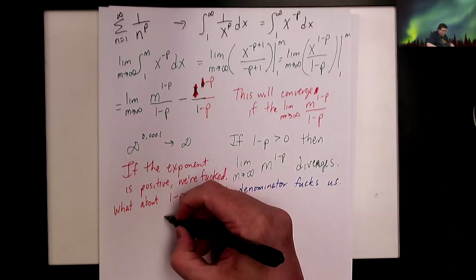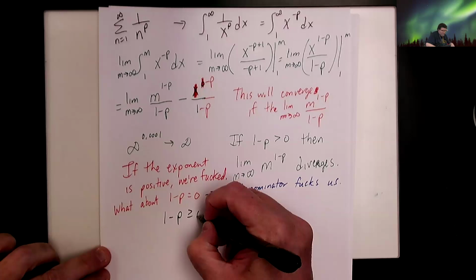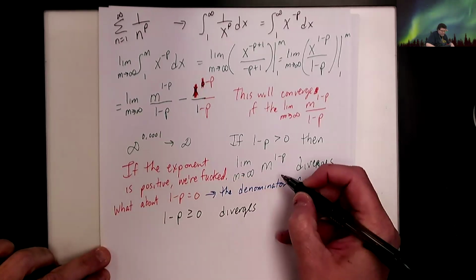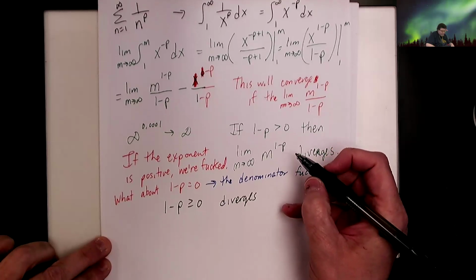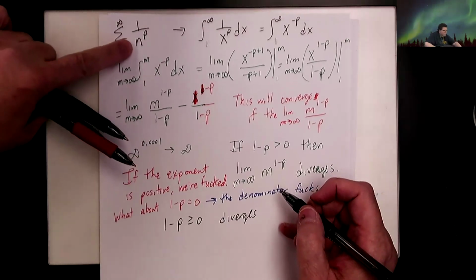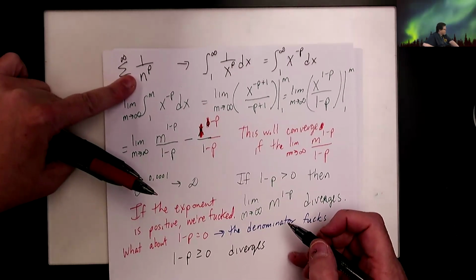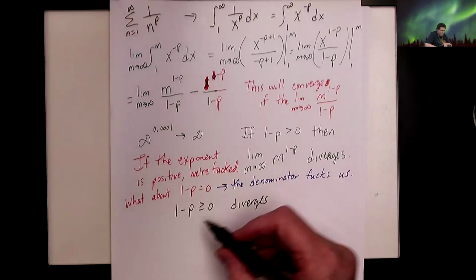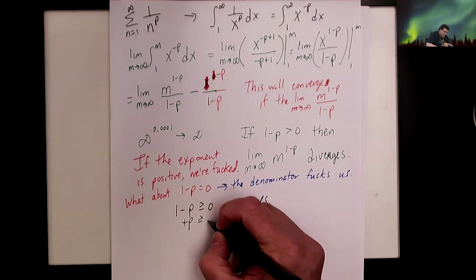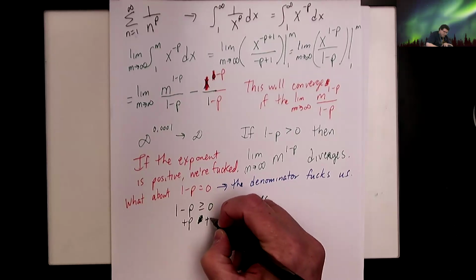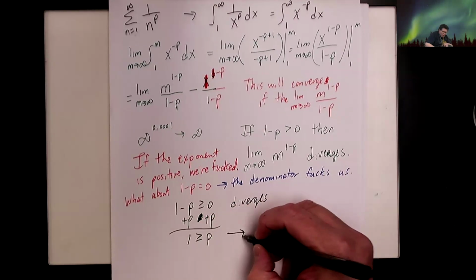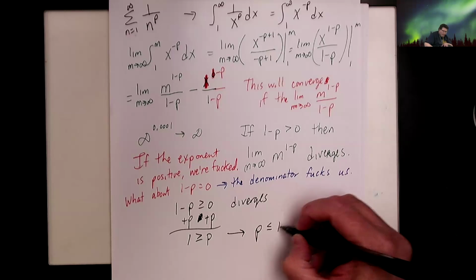So this boils down to: if 1 minus p is greater than or equal to 0, it diverges. But that's not an easy way to remember it. We started with something to the p power, and we want to end with something to the p power. So let's solve this for p. If I add p to both sides, I've got 1 is greater than or equal to p, or p is less than or equal to 1.